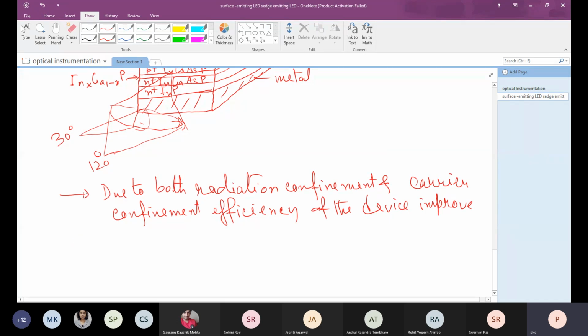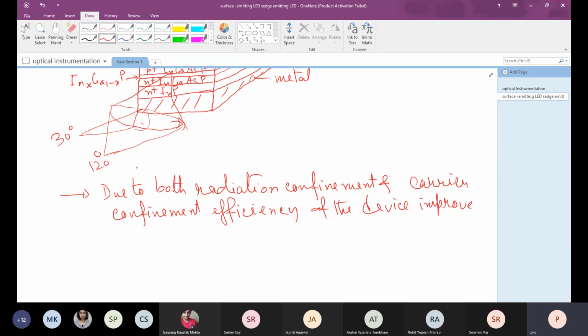However, the disadvantage is the dissimilar beam divergence pattern of the emission. That is because of the device size. So this 120 degree is coming because the truncation of the size in the vertical direction is much more.